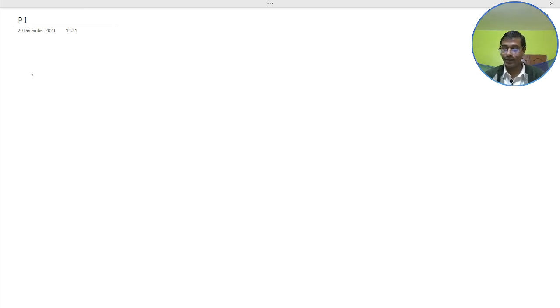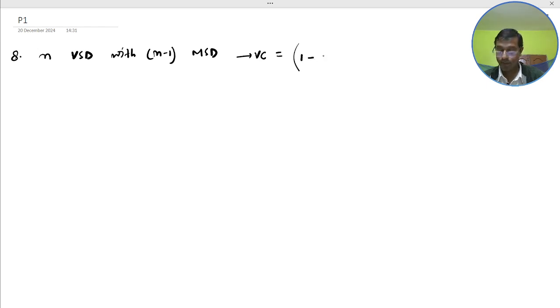Suppose a vernier calipers of n divisions VSD equals n minus 1 MSD, then the vernier constant or the least count would become 1 minus (n minus 1) by n, value of 1 MSD, and it should be 1 by n value of MSD.